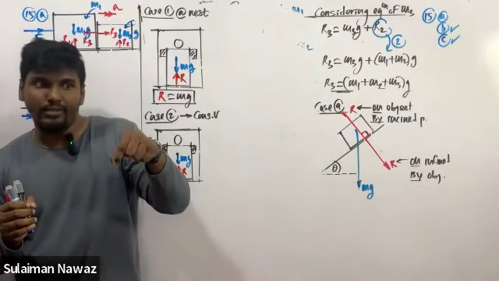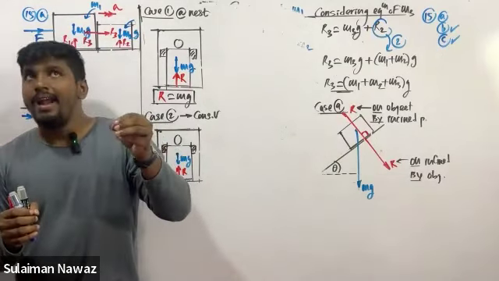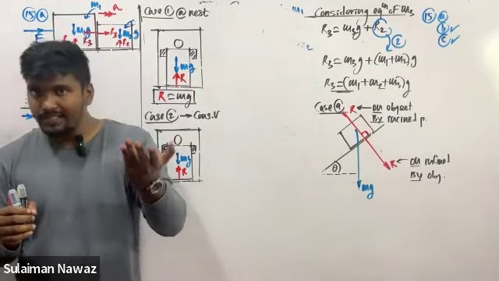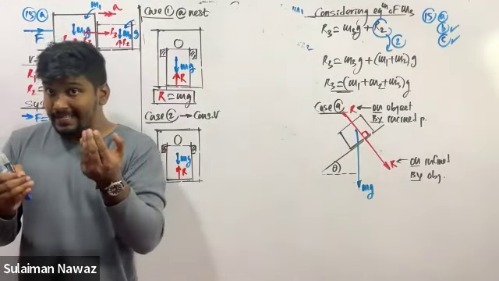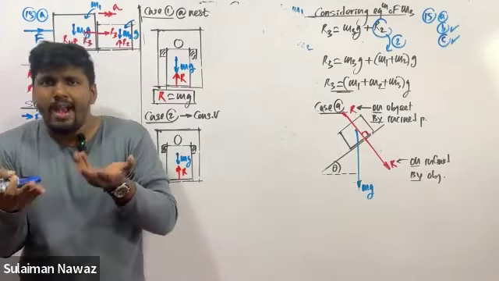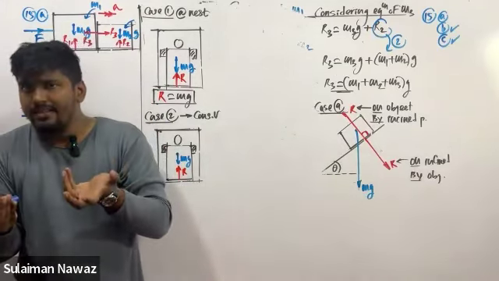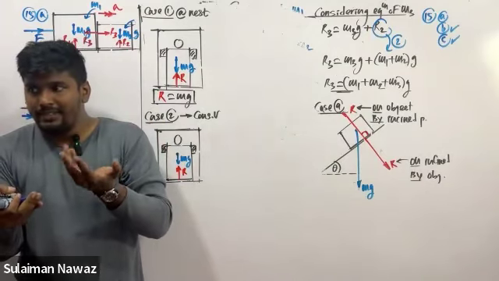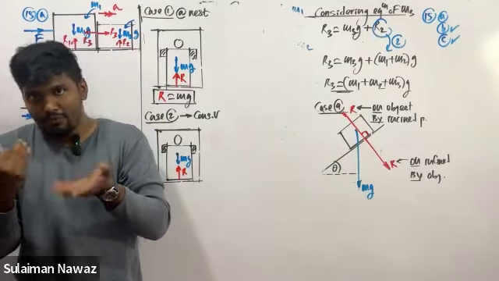That means the resultant force acting on the man is 0, so again R upward must be equal to mg.